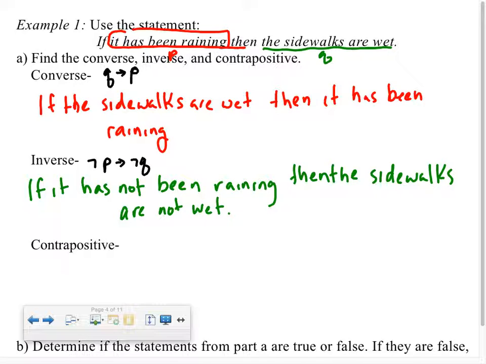So that's the inverse. Contrapositive, remember, is the converse of the inverse.